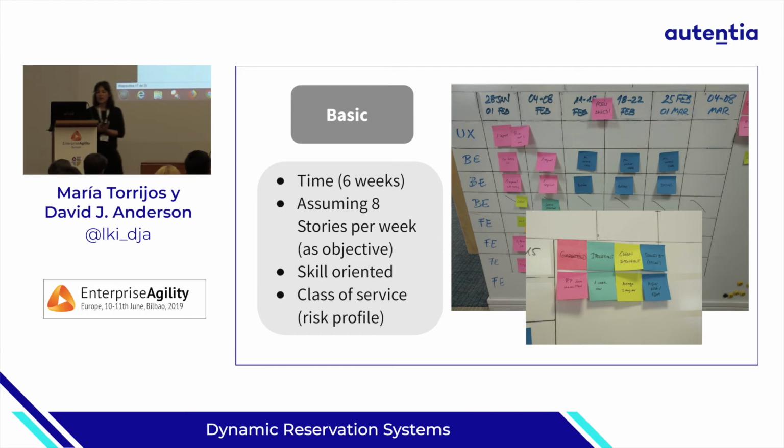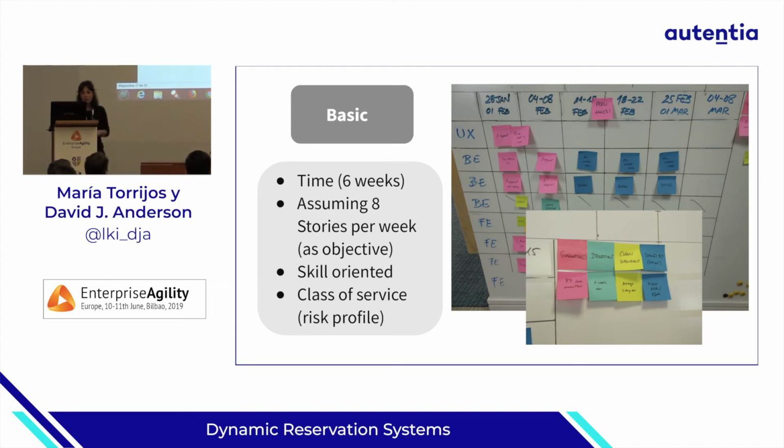That was the board we used to have at eDreams. You can see here some dimensions, with time on top and the internal dependencies on the left. It was quite skill oriented, and the class of service was based on risk profiling. So the guaranteed ones were the ones where the risk profile was indicating that the risk was very low and we could tackle them in the very short term.